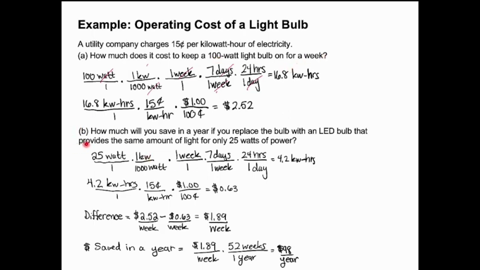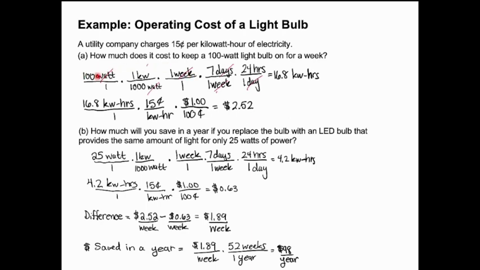Now in part B, it says, how much will you save in a year if you replace the light bulb with an LED light bulb that provides the same amount of light but only uses 25 watts of power? So up here we have 100 watts. Down here we have 25 watts.